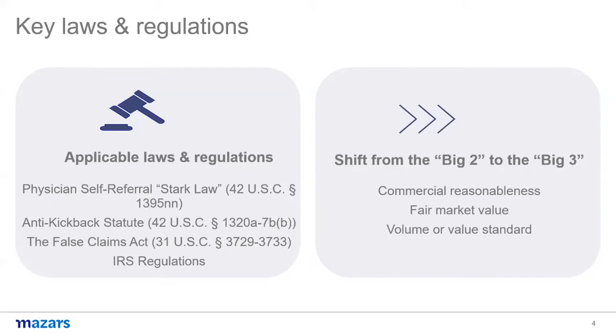These sets of laws are designed to regulate the financial relationship between healthcare practices, doctors, hospitals, vendors, and other healthcare companies. The purpose of regulating provider compensation arrangements is to protect patients and federal healthcare programs from fraud and abuse by mitigating the risk of corruption due to the influence of money on decision-making.